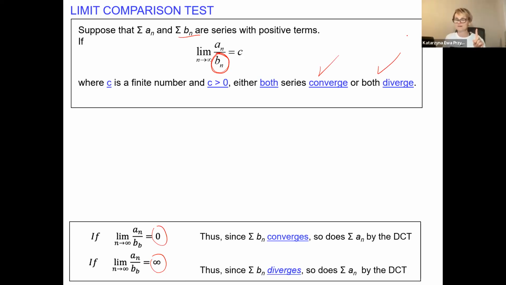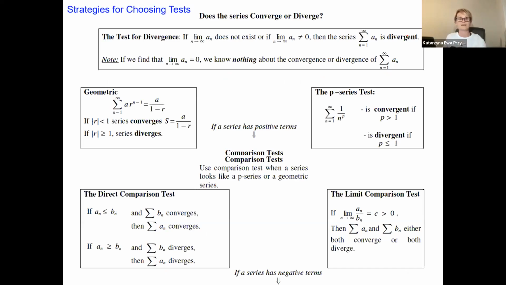What I also have, if you checked section 10.5, is a summary of all of the tests, okay? I recommend making a list. I typed this; it's called strategy, but it's just the tests. You may notice this is the n-term divergence test, which is also called the test for divergence. Then you learn the geometric one.